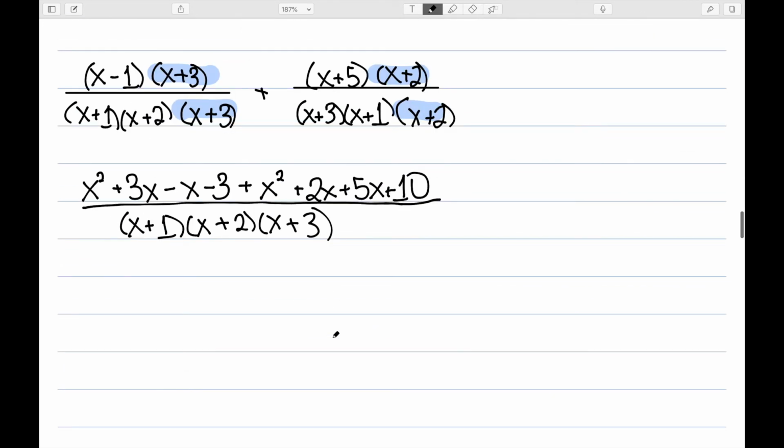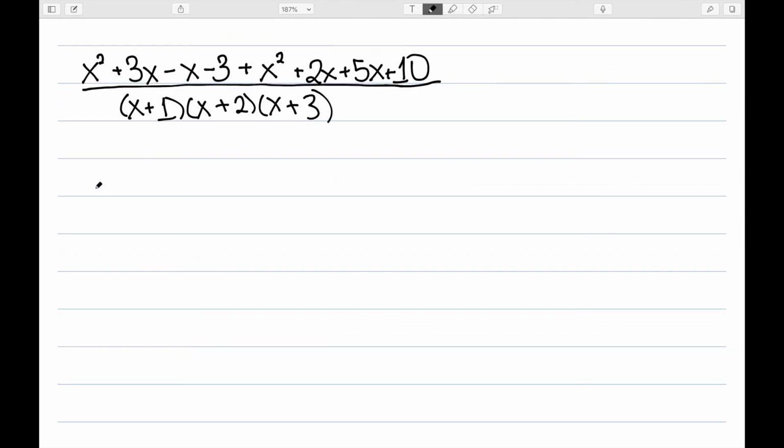Now let's try to simplify this. Well, I have an x squared and an x squared, so I have a 2x squared. I have a 3x minus x, that gives me 2x. Plus 2x is 4x, plus 5x is 9x. Negative 3 plus 10 is 7. All over my denominator, x plus 1, x plus 2, x plus 3.